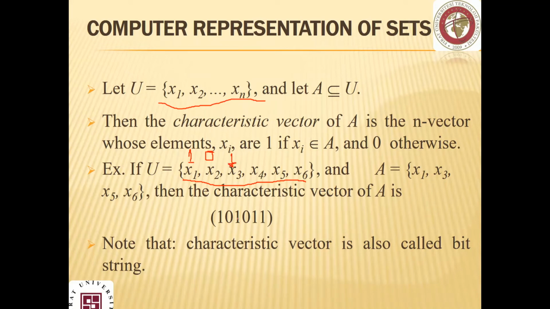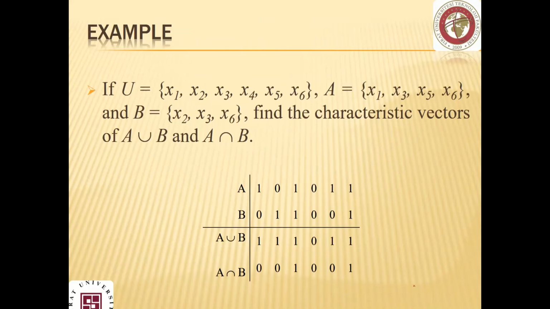Then x4 is not there, 0. x5 is there, 1. Also x6 is there, 1. And that's it. So the characteristic vector will be 1, 0, 1, 0, 1, 1. Sometimes we refer to the characteristic vector as a bit string. So remember this one, because I usually ask questions about this in the exam.